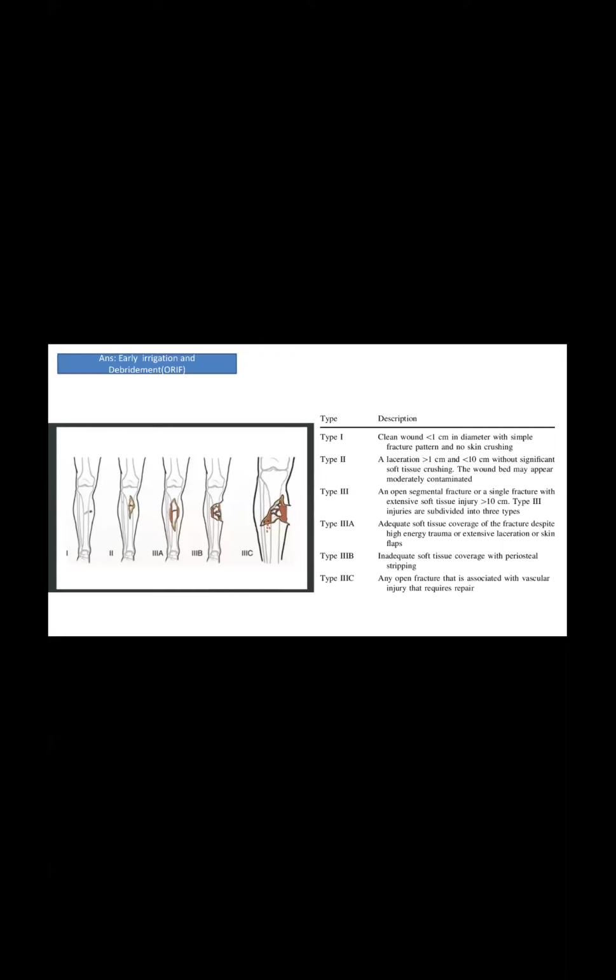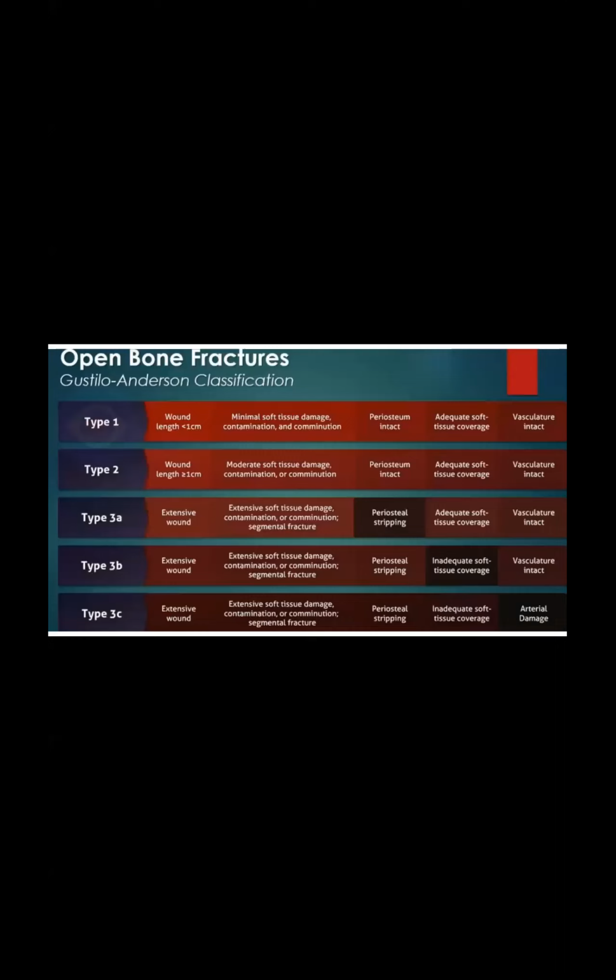Types 3A, 3B and 3C are recalled by candidates from the exam. Remember it this way: 3A is high energy trauma or extensive laceration, 3B is inadequate soft tissue cover with periosteal stripping, 3C is open fracture associated with vascular injury. Same way, there is a chart: periosteum intact, adequate soft tissue coverage, vascular intact.